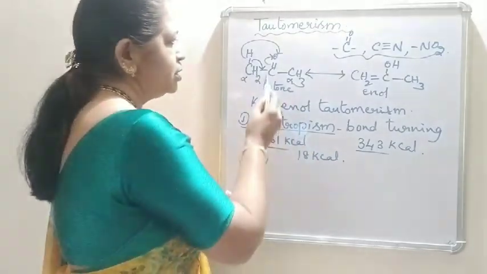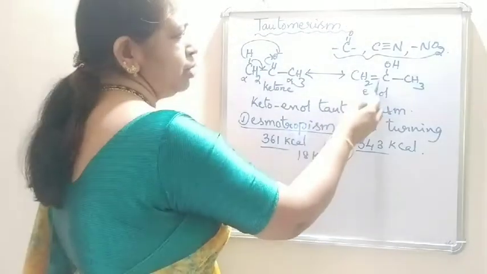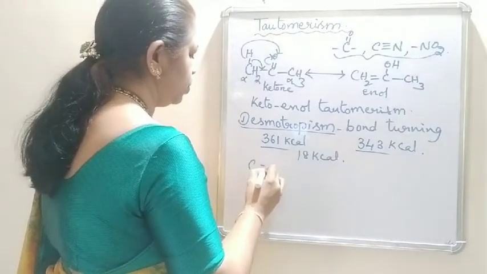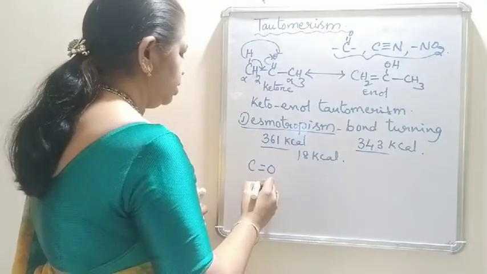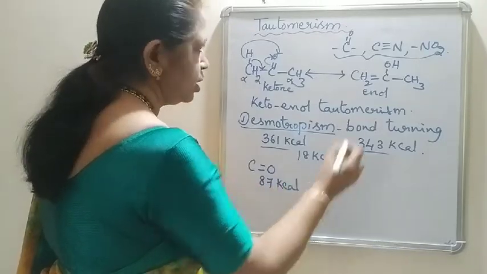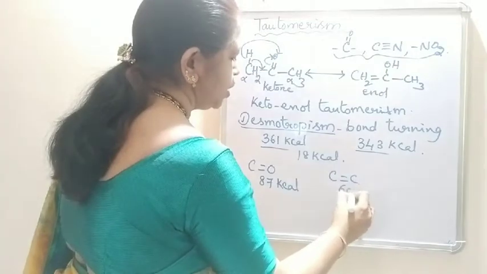We know that C double bond O is more stable than C double bond C. The energy associated with C double bond O is 87 kilocalories, and that of C double bond C is only 60 kilocalories.